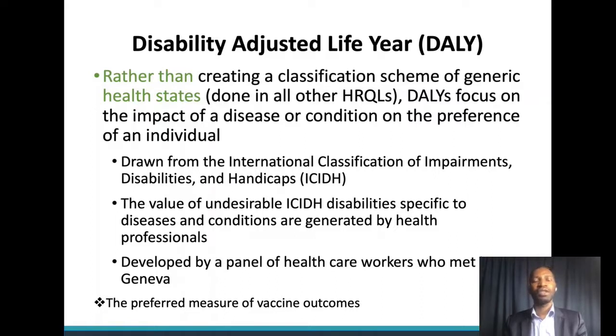The value of undesirable disabilities specific to diseases and conditions are generated by health professionals. It's developed by a panel of healthcare workers who met in Geneva. So DALYs are the preferred measure of vaccine outcomes.